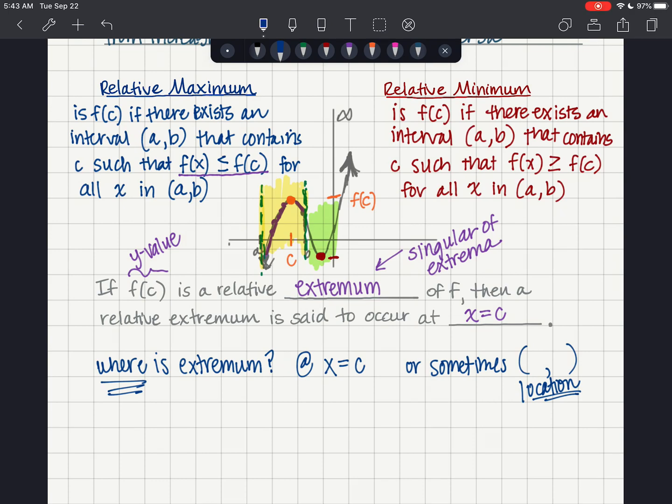If they say what is the extremum, then that's your f of c value. So that would be your f of c value. That's your y value.